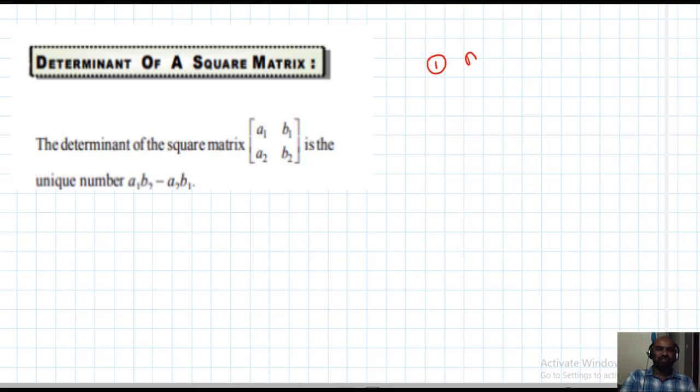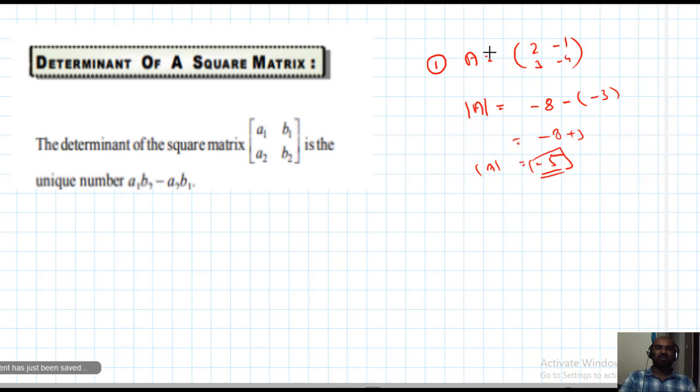If A is taken as [2 -1; 3 -4], we want to find its determinant. ad is minus 8, minus bc is minus of minus 3, so minus 8 plus 3 is equal to minus 5. The determinant of that matrix is minus 5. This minus 5 is a unique number that represents the determinant of that matrix.